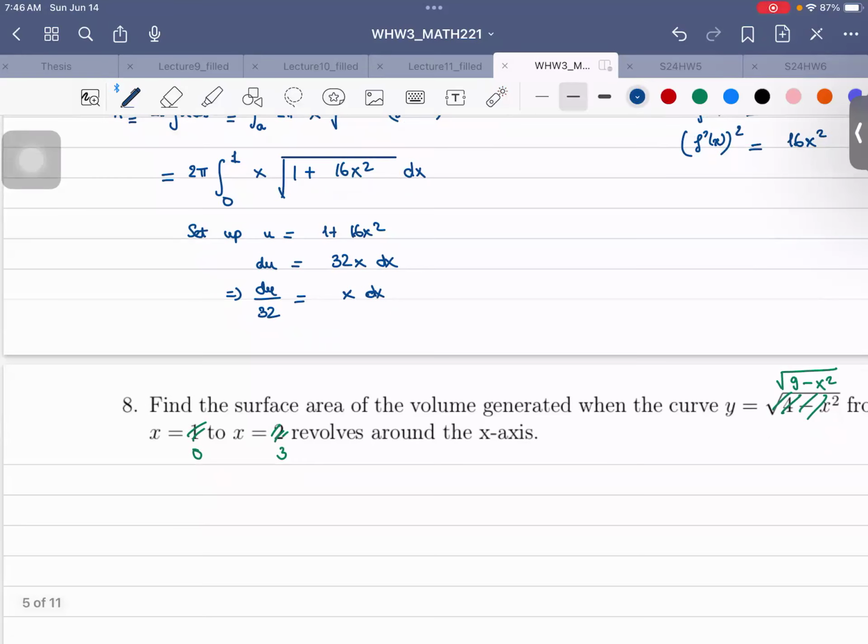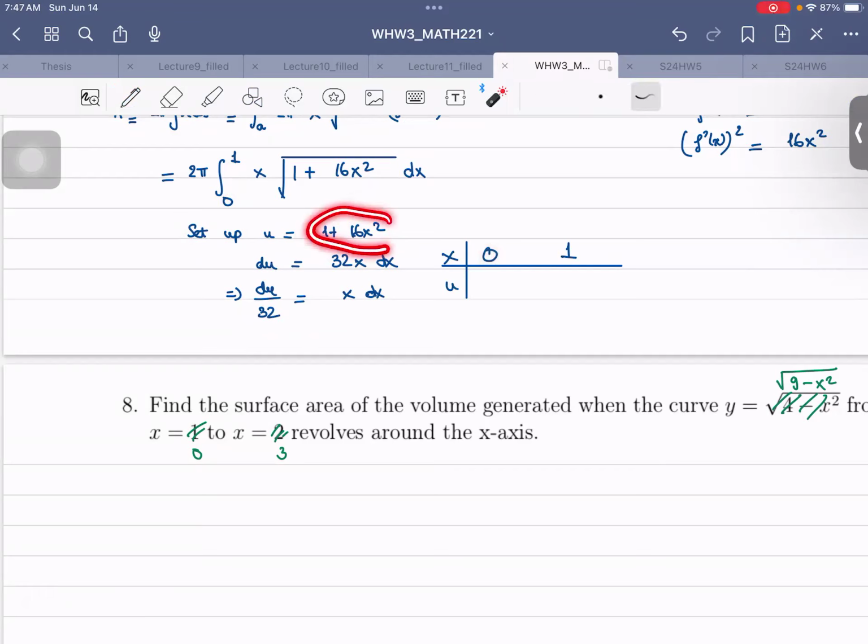Now when you do this u substitution method, remember that you need to update the bound as well. To update the bound, I will create a table of values. The first row is the values for x. x is from 0 to 1. Now you need to compute the values for u. When x is 0, the corresponding value for u will be 1 plus 16 times 0 squared, which is 1.